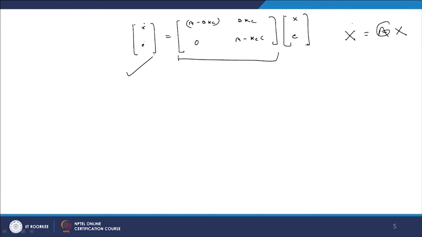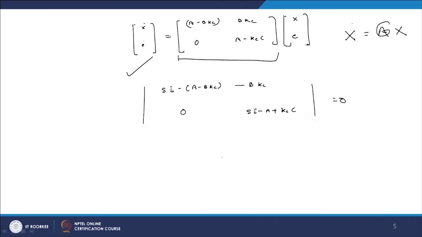The characteristic equation for this system is given as the determinant of SI minus A minus B KC, minus B into KC, 0, SI minus A plus K into C, equal to 0.